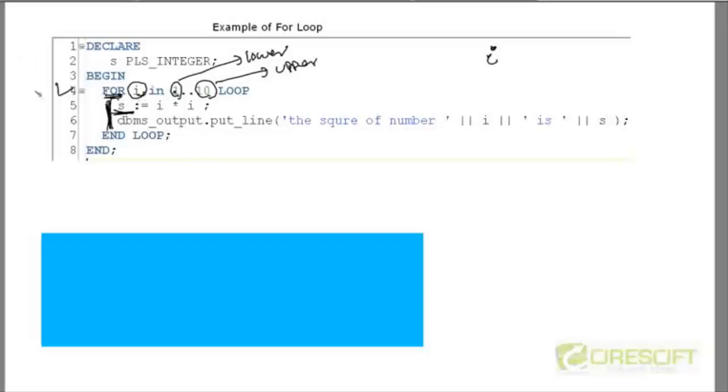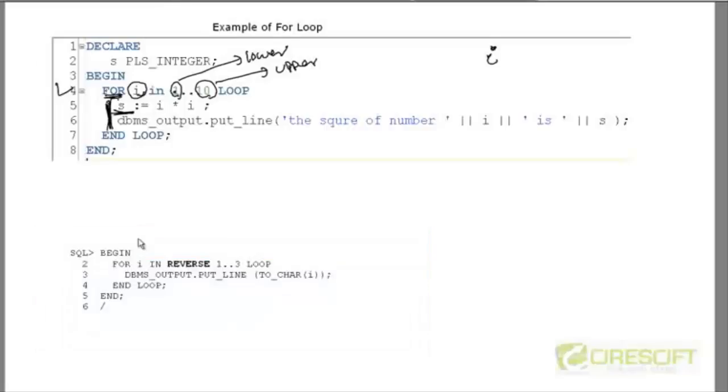And then there's another example, something called reverse for loop. Here's an example of a reverse for loop. I'm going to write just a keyword called reverse, as I have shown you here, with 1, 2, 3. In this case, it is going to return 3, 2, 1.